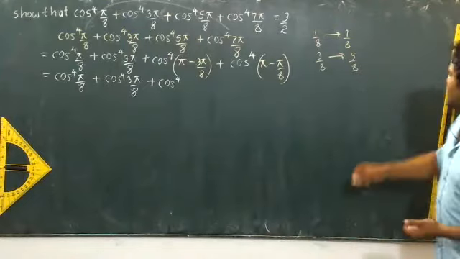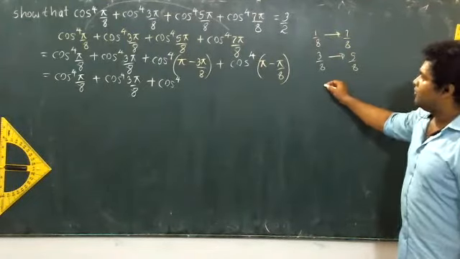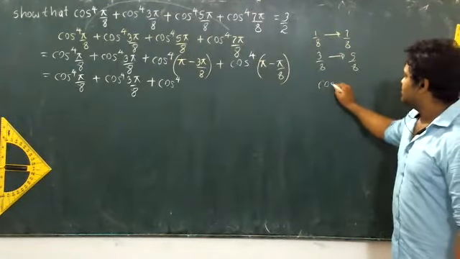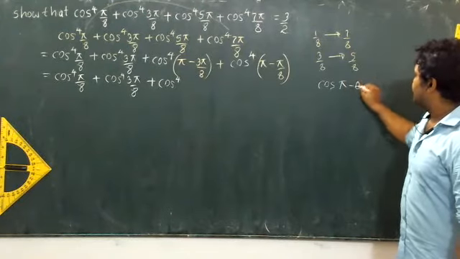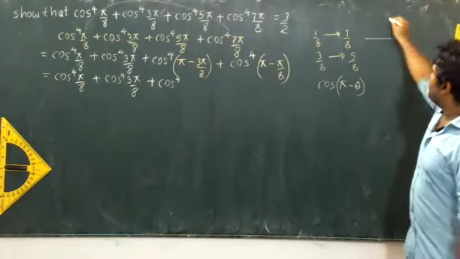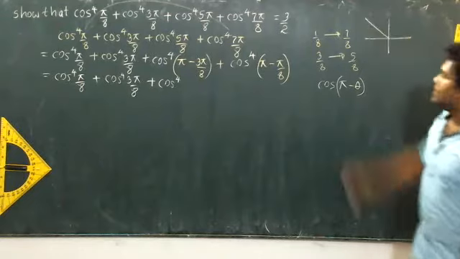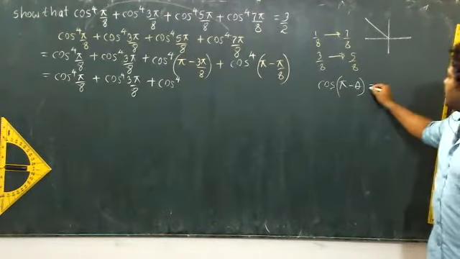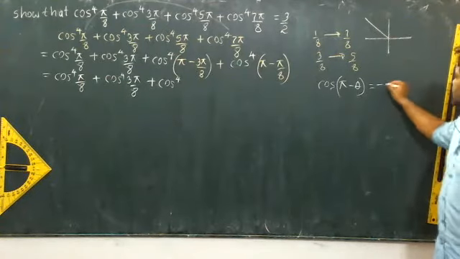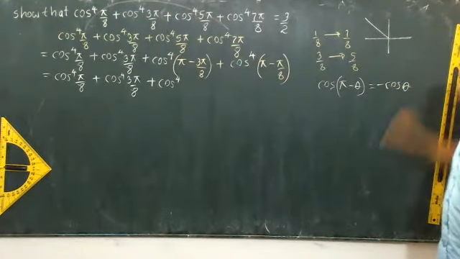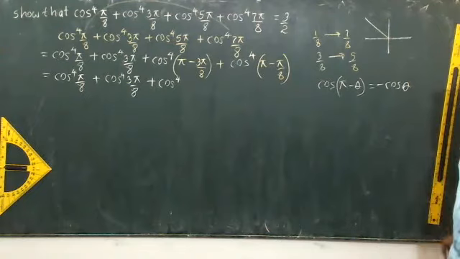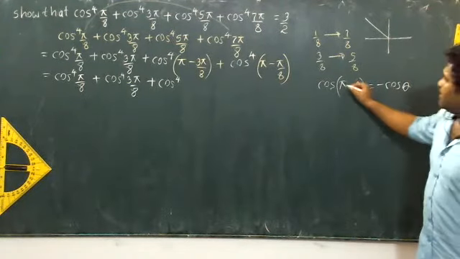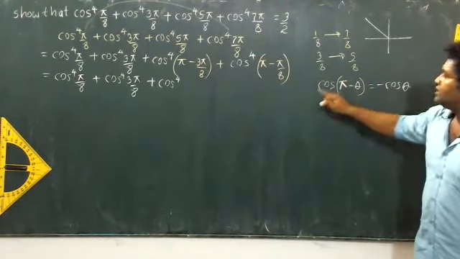Then if I show you that, what is cos(π minus θ)? Cos(π minus θ) is in the second quadrant. In the second quadrant, your answer is minus cos θ. Because by means of π, the function never changes.